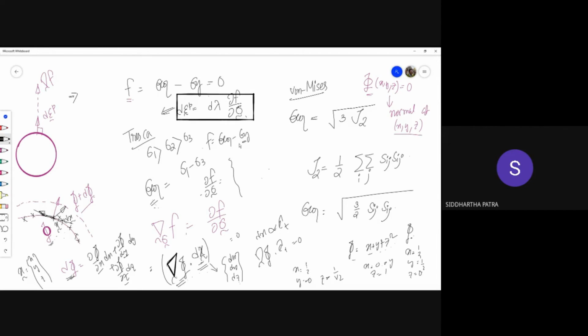But if I take the derivative of this quantity right here, del sigma equivalent del sigma 1, what would be the value?